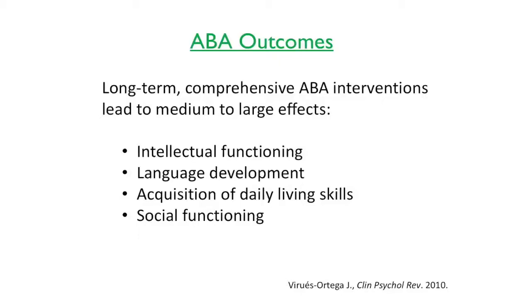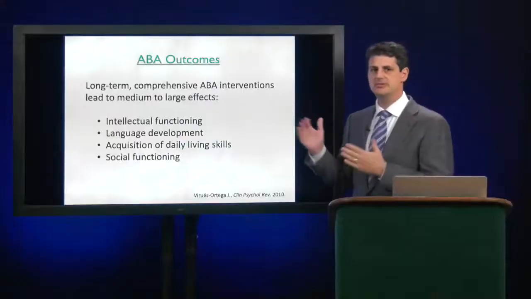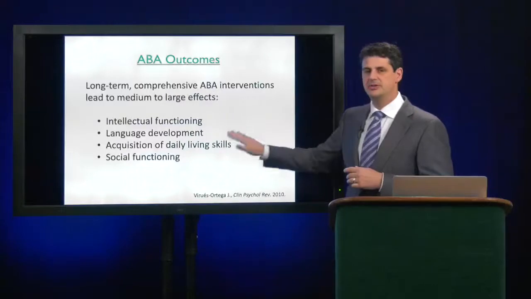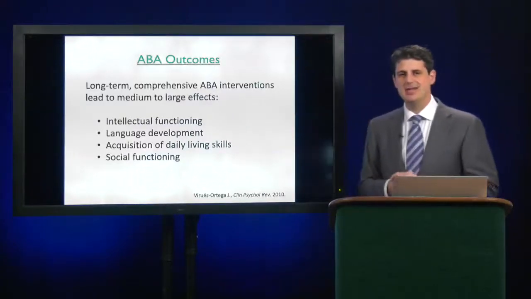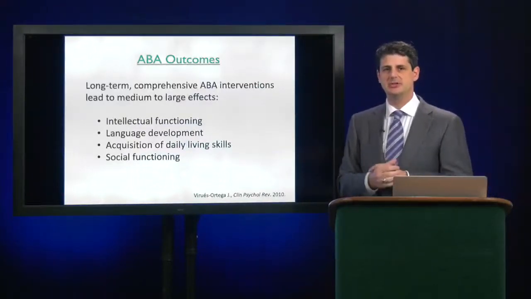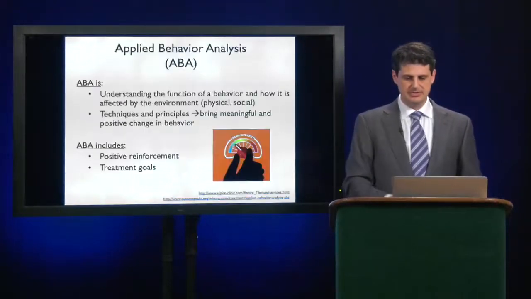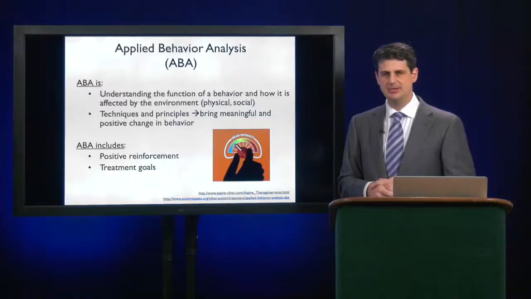So all these, when you think about transition from childhood to adulthood especially, the struggle and the battle begins very early on. So ABA is able to move the needle, especially when it starts early and is delivered in a comprehensive fashion.